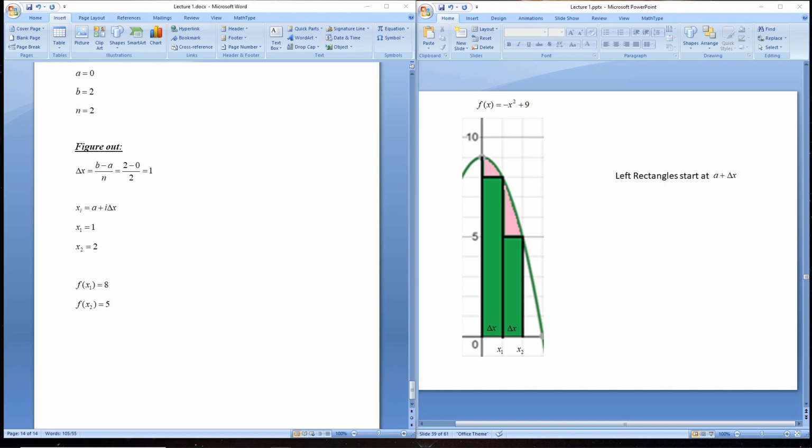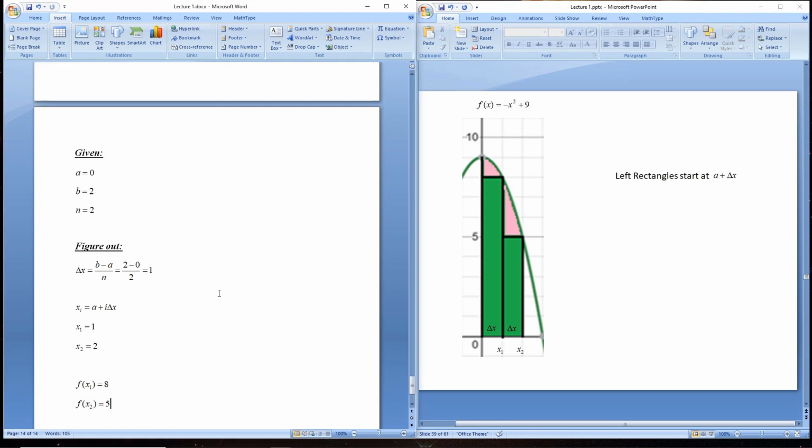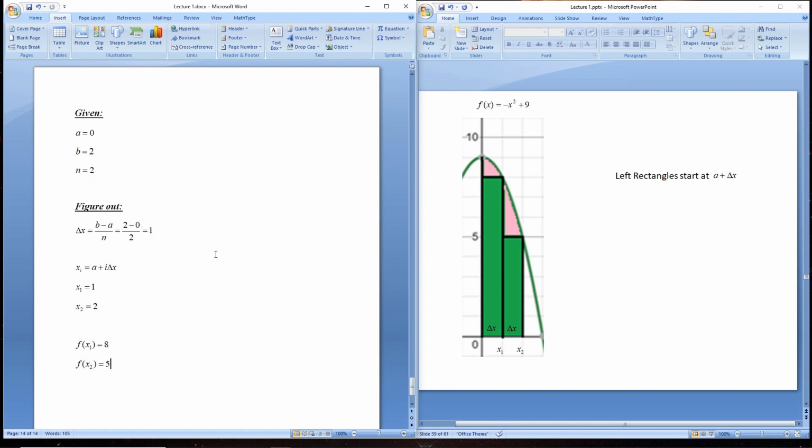So now that we have our information, let me just summarize this again. We're given a, b, and n, and of course the function. Then we have to figure out delta x.